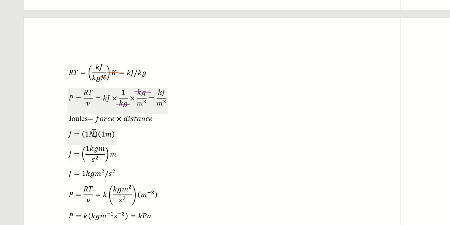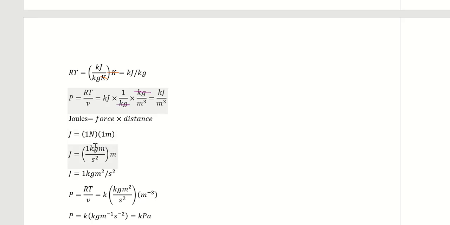Now we're going to substitute for the value of Newton. We know that a Newton is the force that gives a body of mass 1 kilogram an acceleration of 1 meter per second squared.